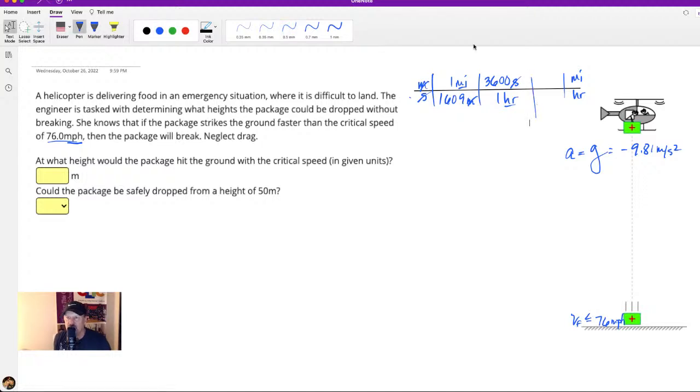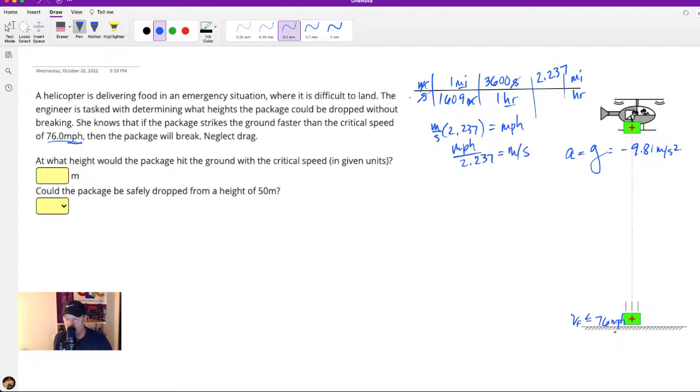So the conversion here is to take 3,600 divided by 1609, and you get 2.237. So meters per second times 2.237 equals miles per hour. That means miles per hour divided by 2.237 equals meters per second.